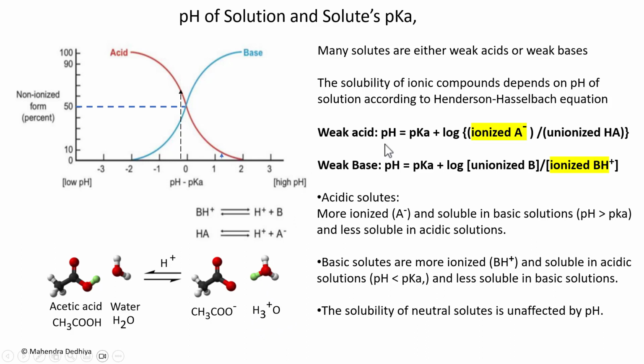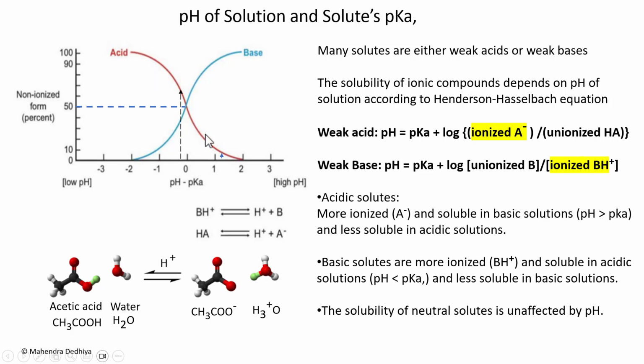So for weak acid, pH is equal to pKa, dissociation constant, plus log of ionized concentration of A minus divided by unionized concentration of the molecule, in this case HA. For weak base, pH is equal to pKa plus log of unionized base divided by ionized base, BH plus.